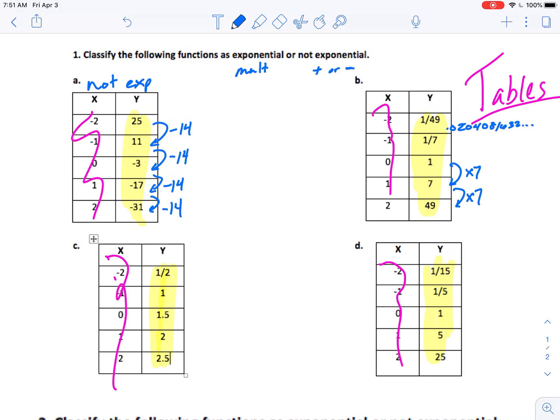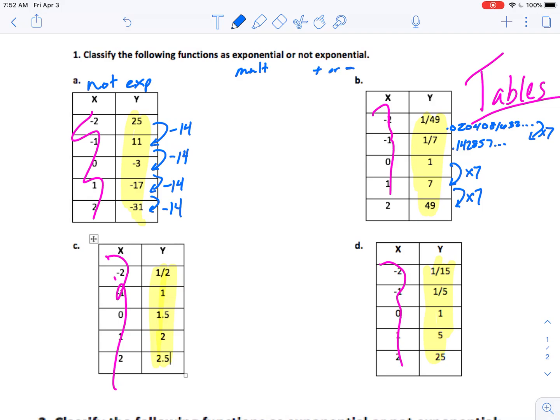So I'm going to check the first half of my table now, and I'm going to see if that keeps working. So I'm going to take this decimal, 0.020408163264 etc., and I'll multiply that by 7.